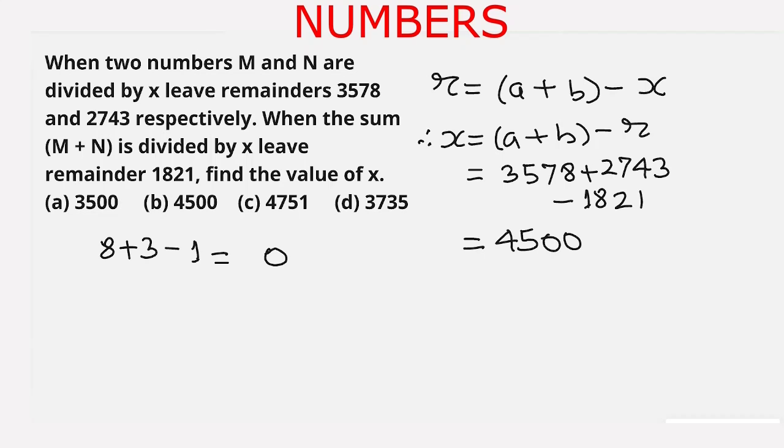But the divisor cannot be less than the remainder, and the remainder is 3578, so the divisor cannot be 3500. Hence, the only option left is 4500. This way we can find the answer very fast by looking at the options. Here the answer is option B, 4500.